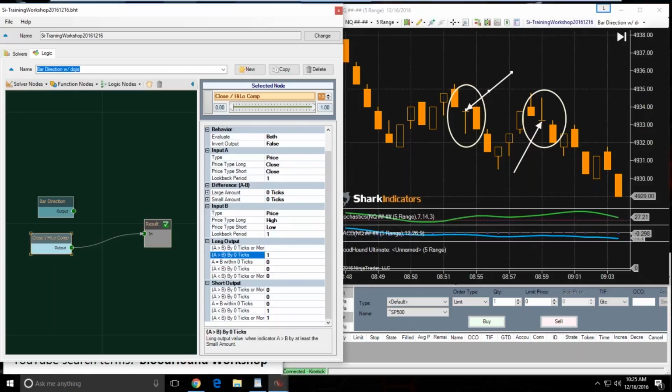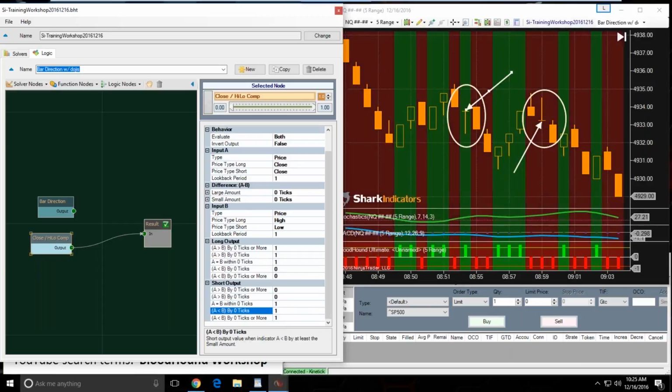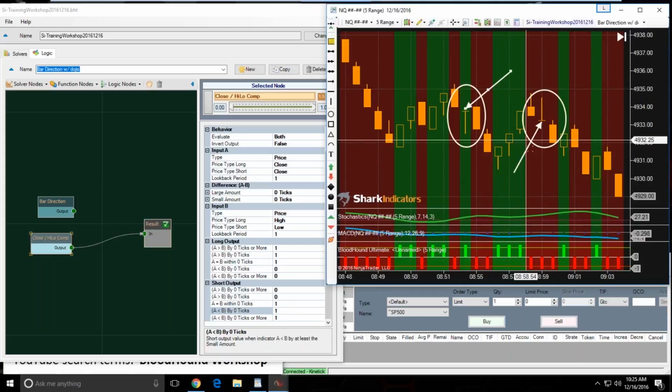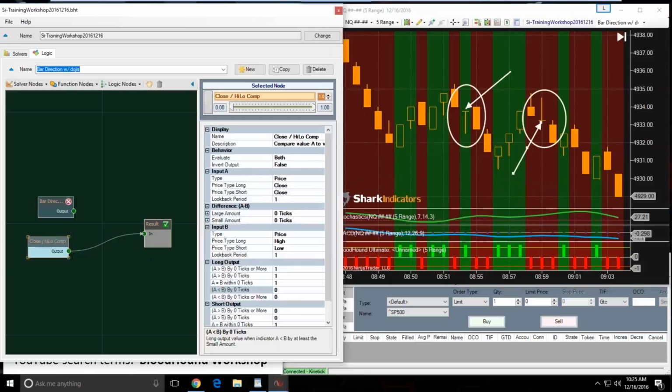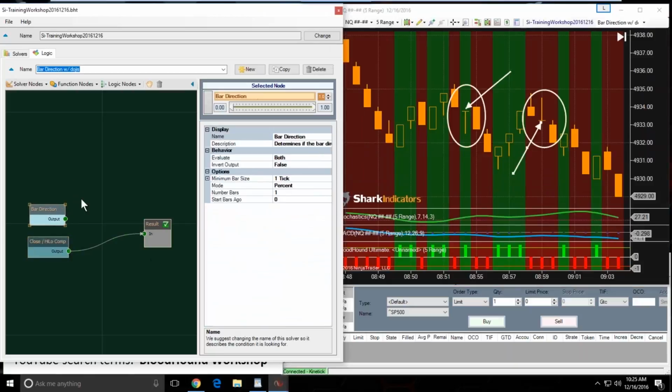You see the outputs that are turned on? It says A is greater than B. But most likely, the closing price is going to equal the high, or the closing price is going to equal the low. So we want A equals B. So we need to turn this A equals B on, like that. And there we go. Now we can see our dojis have an output there, like so.